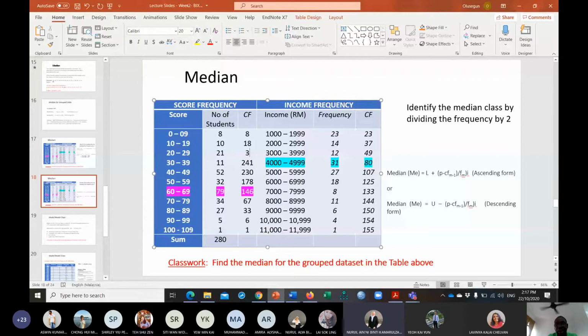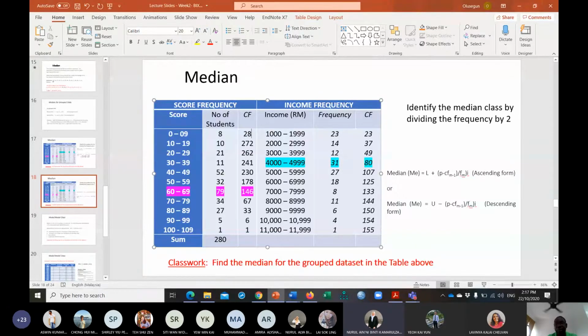And 241 plus 21, 262. 262 plus 10, 272, and plus 10, 280, right? Yes.